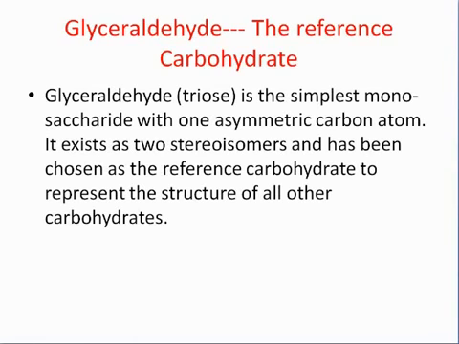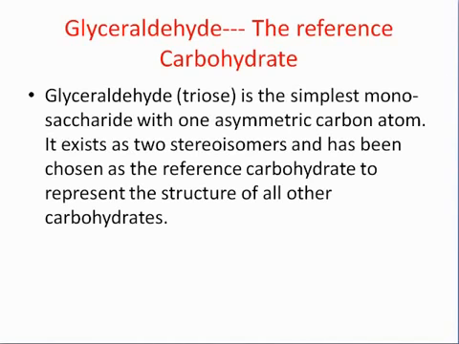The aldehyde form is known as aldotriose, and the ketone form is known as ketotriose. And here I want to mention another important point: in aldehydes, the aldehyde group is always seen at carbon 1, and the ketone group is always seen at C2, that is carbon 2.